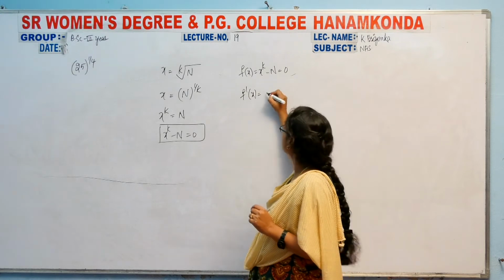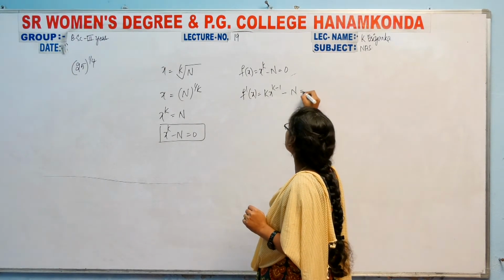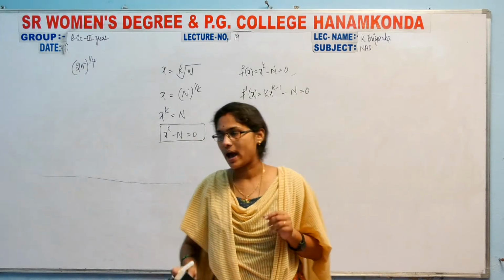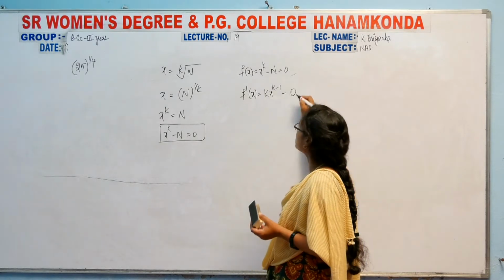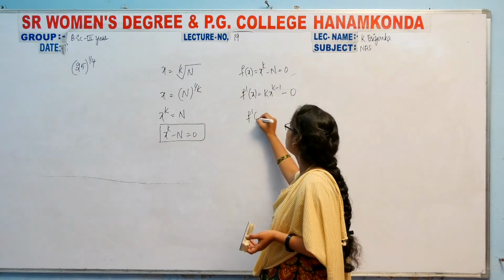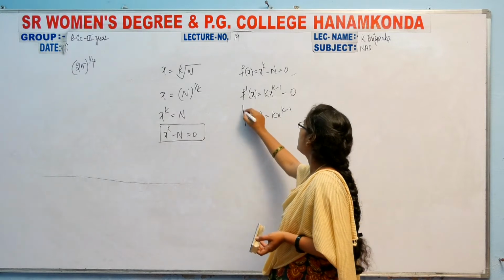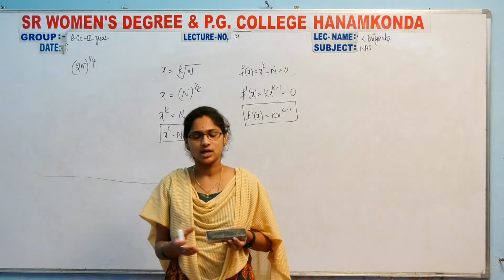Derivative of x^k minus n is k times x to the power of k minus 1 minus 0, because n is a positive integer, so it is nothing but 0. Now f dash of x is equal to k x to the power of k minus 1.